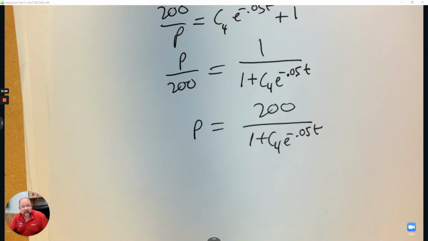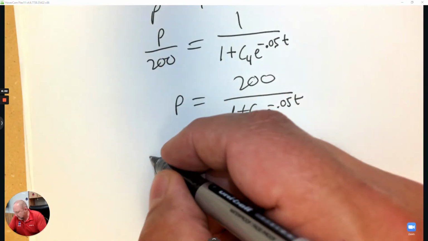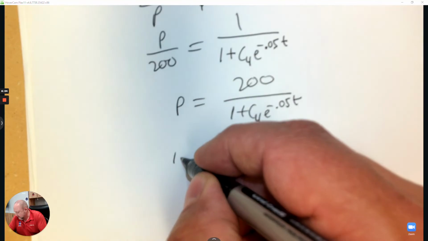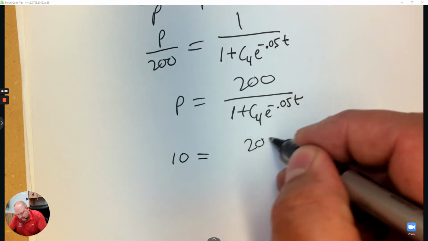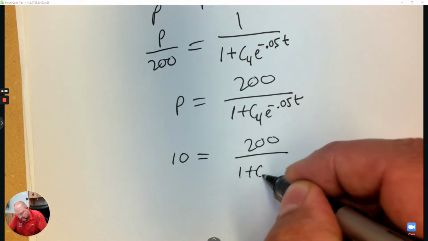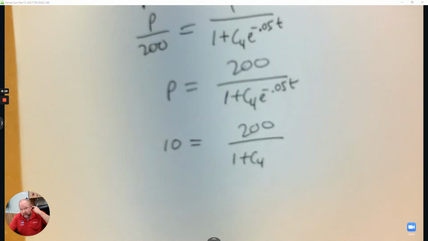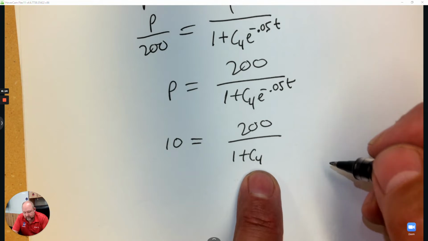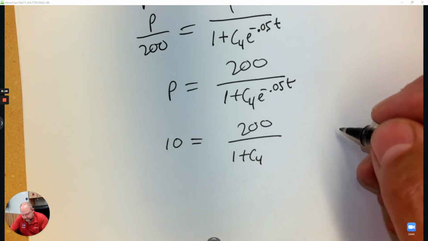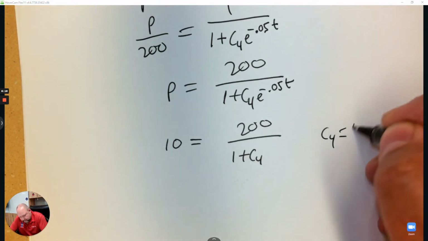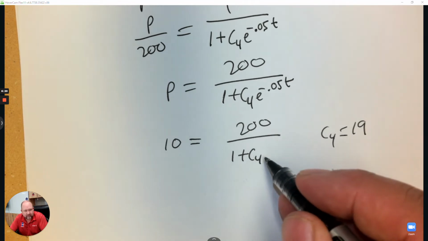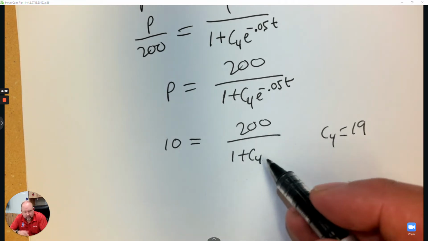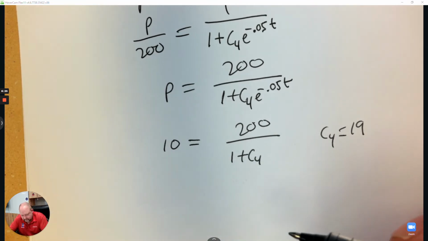Then we plug in the values that we have. At this step, we're going to plug in 10 and 0. When I plug in 0 for t, that just leaves me with that. So this obviously needs to be 19 for that to work, because 1 plus 19 is 20, and 200 divided by 20 is 10.